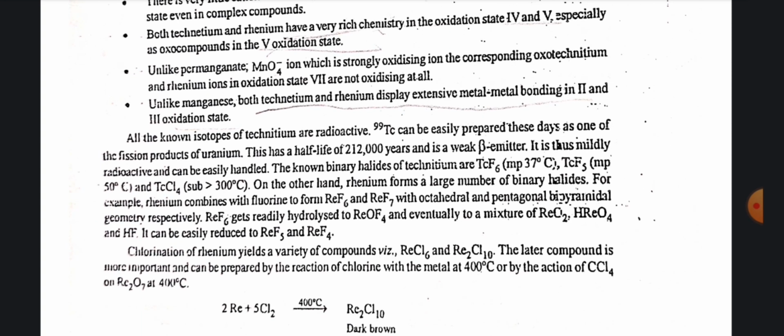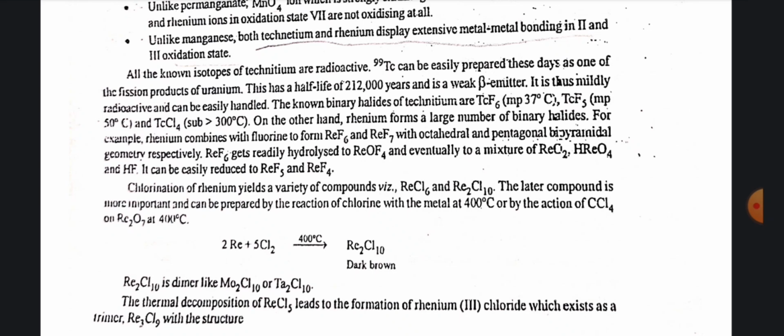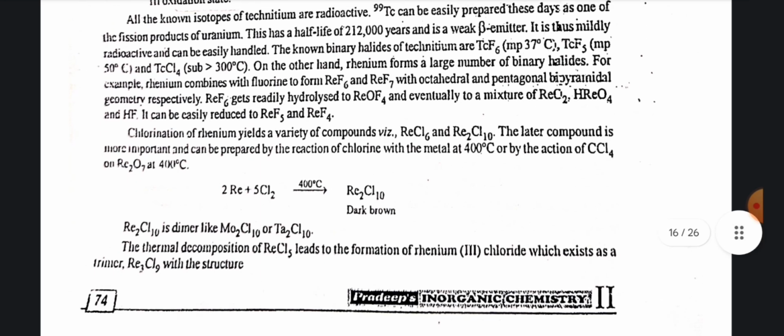Unlike the paramagnetic MnO4- ion, which is a strongly oxidizing ion, the corresponding oxo ions of technetium and rhenium in oxidation state 7 are not oxidizing at all. Unlike manganese, both technetium and rhenium display extensive metal-metal bonding in the 2nd and 3rd oxidation states.